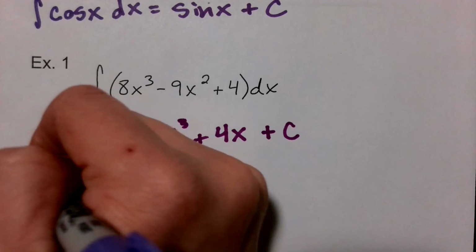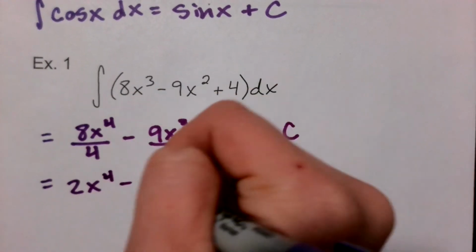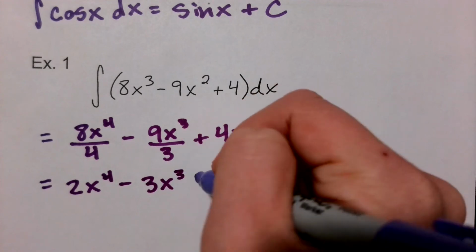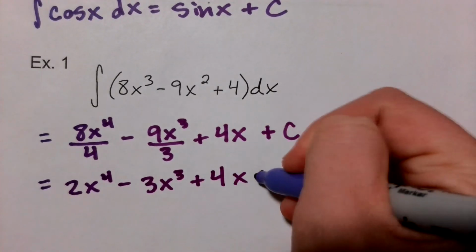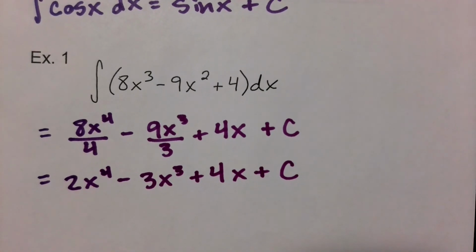And now we can simplify that: our 8 can be divided by 4, our 9 can be divided by 3. This is not always true, but this one worked out nicely. Plus our c. So if you want to check, just like our trig functions, we can go backwards.